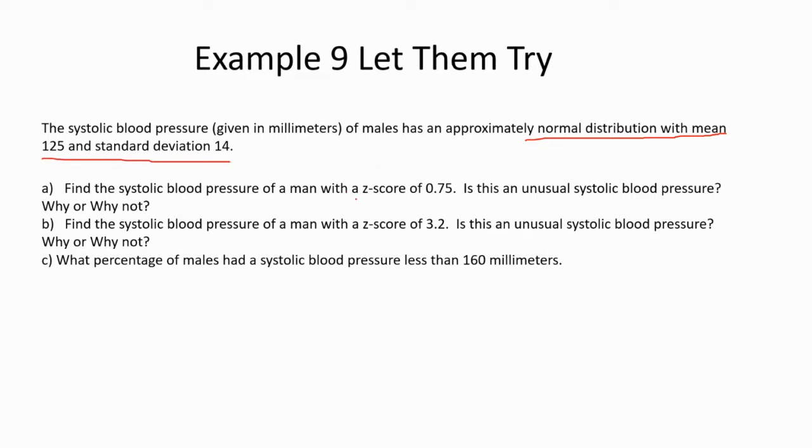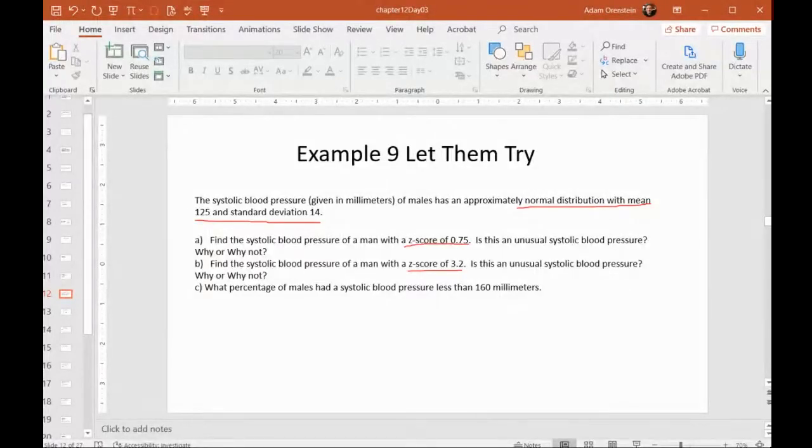So we want to find the data values given these z-scores. I think that word is systolic, but I could be wrong. Anyway, I think you can still do the problem. So I want everyone to try this now. Take about 5 minutes.